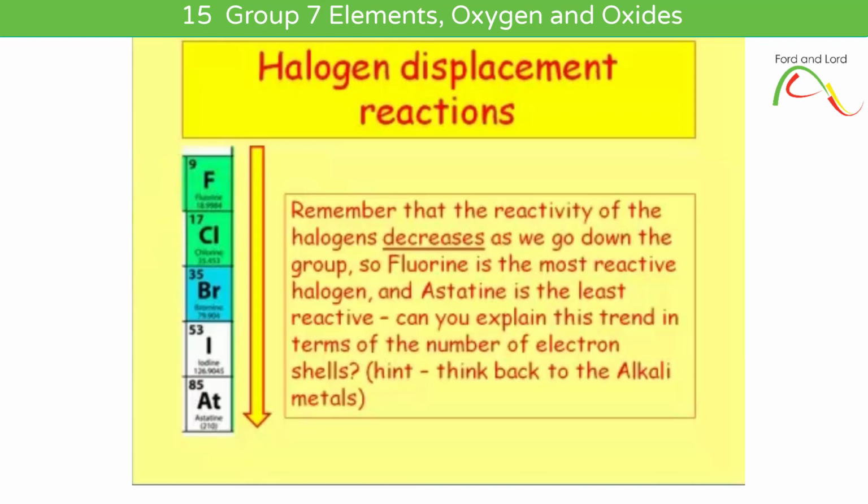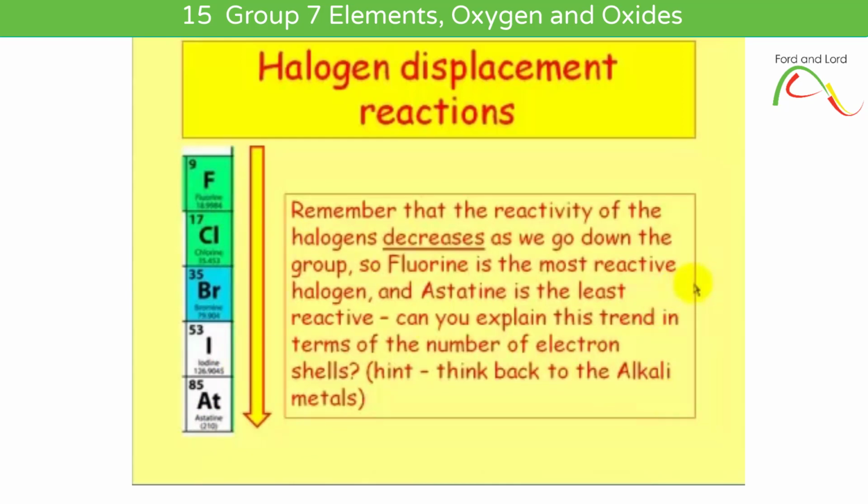So fluorine here has got 2, 7. That means there's a very strong pull on the outer shell, and therefore it is very keen to gain an electron. Whereas down here, astatine is a very big atom, therefore less strong. So that's why fluorine is more reactive than astatine.